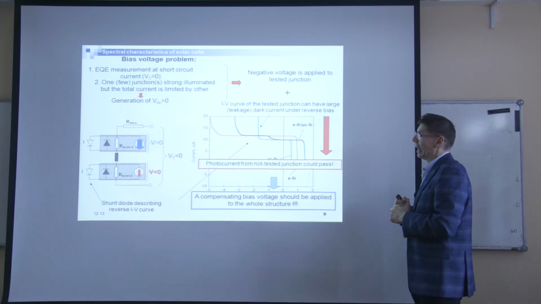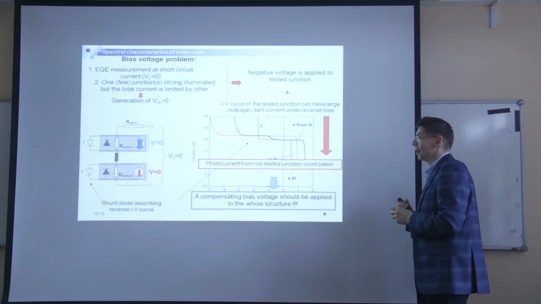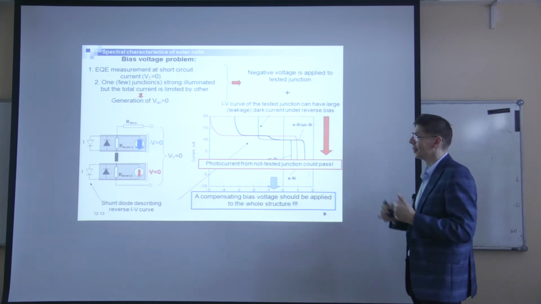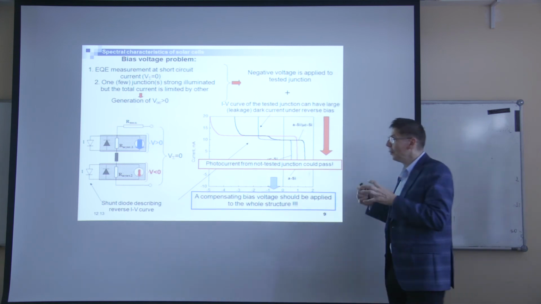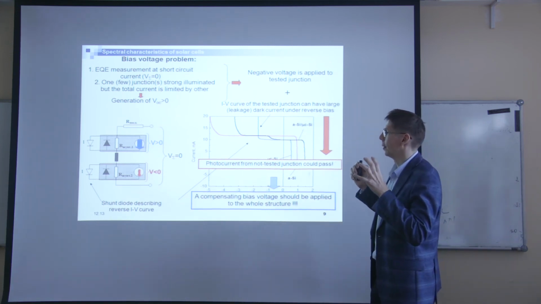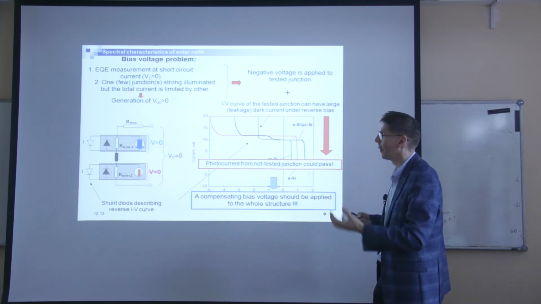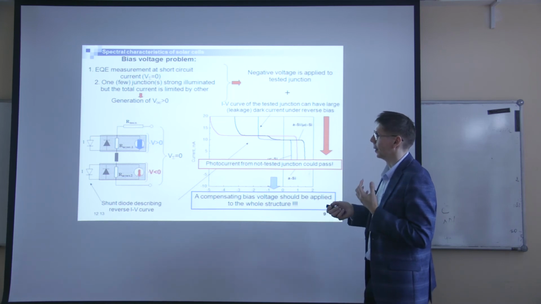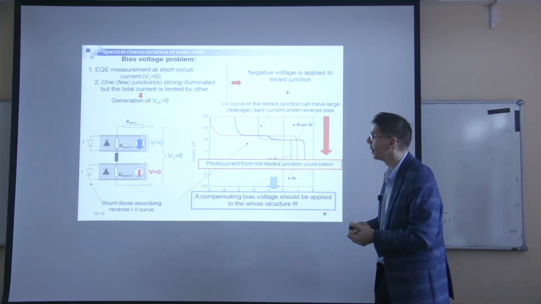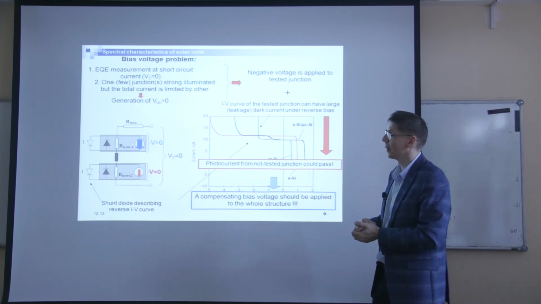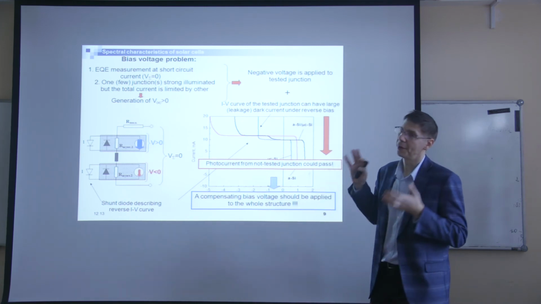which comes from, let's say, non-ideal solar cells. So the problem is that if you want to measure using this approach of the bias light, you use some high intensity of light for the bias light, while most of the quantum efficiency measurements are performed at the short circuit current condition.